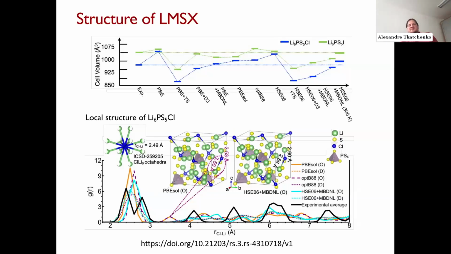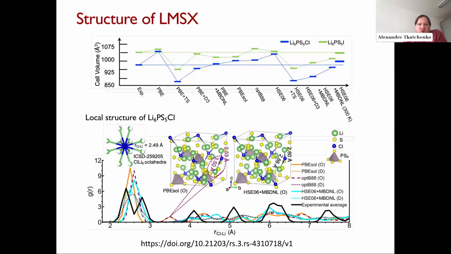Yeah, that's right. So in the paper, we actually look very carefully as well at the phonons of these different frameworks, and we do find that the treatment of dispersion interactions has a very strong effect in the low frequency phonons that actually dictate the lithium migration through the framework.